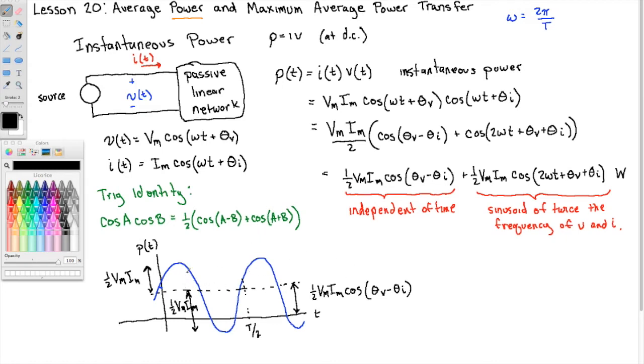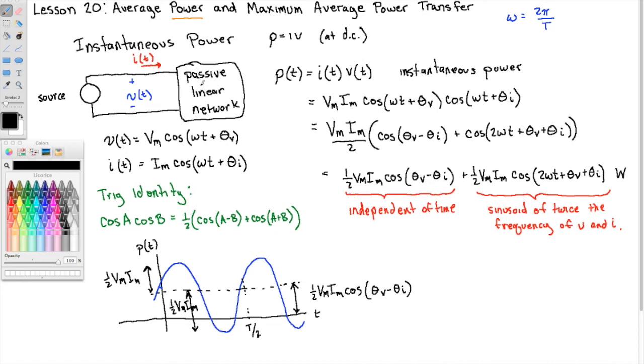Now you'll notice that in the general case, the instantaneous power is positive, but sometimes it's also negative. So in general it's positive and negative. When it's positive, that means the current is flowing from source to the passive linear network. That means the network is absorbing power, right? We chose these directions and these polarities. Current flows from positive to negative, so that's positive power.